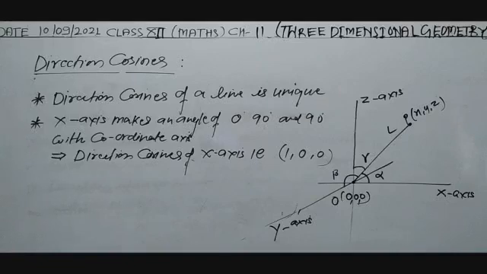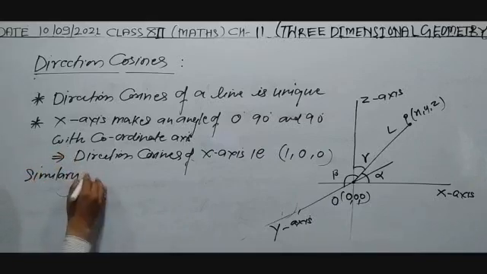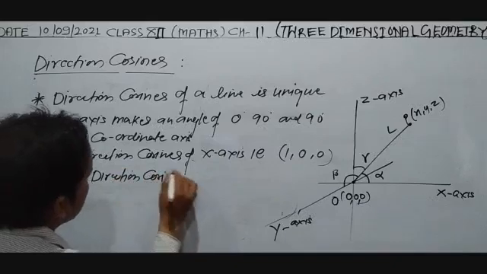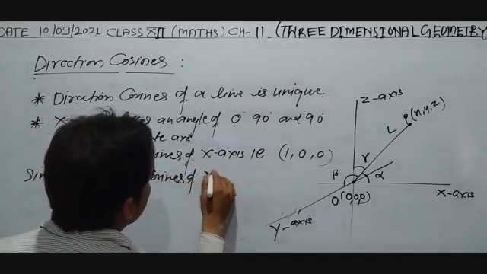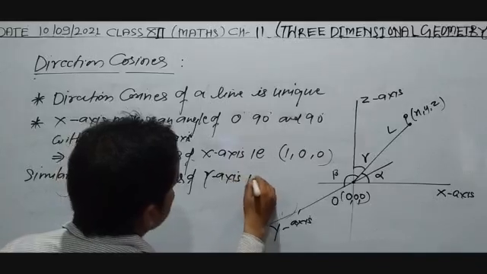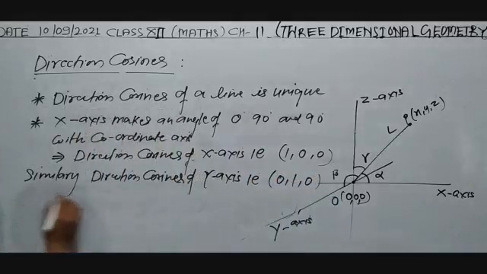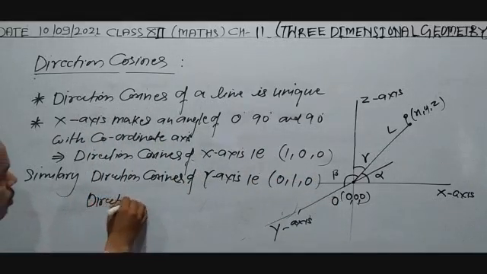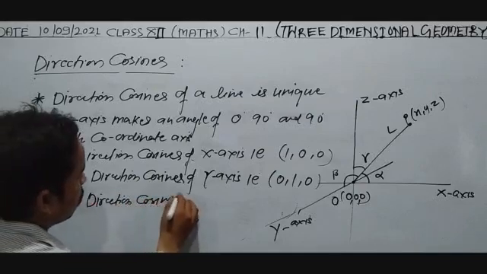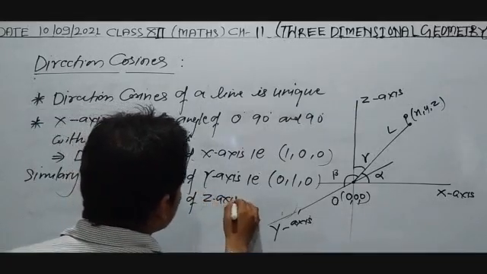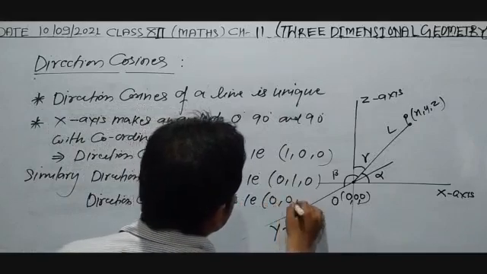Similarly, direction cosines of y axis are 0, 1, 0, and direction cosines of z axis are 0, 0, 1.